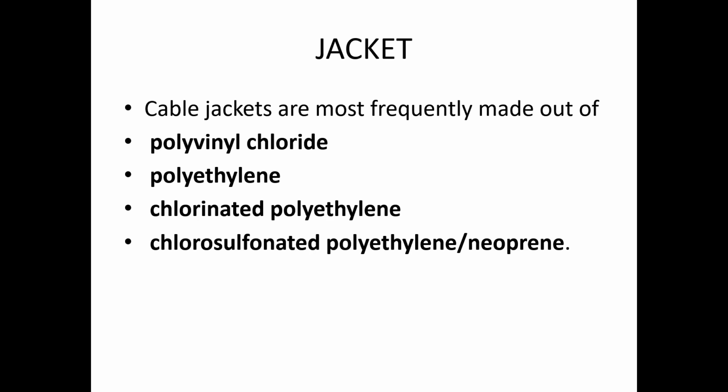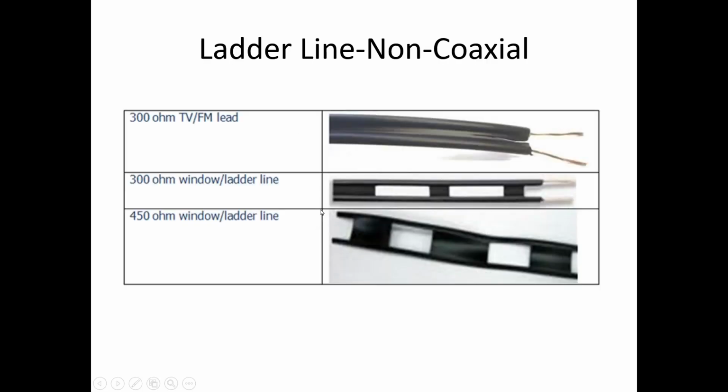If you're in a plenum area, a suspended ceiling in which air is being exchanged, you need to make sure there are no dangers from the cable, no gases coming out of it. Some of the materials are polyvinyl chloride, which you're familiar with, polyethylene, all of these materials. These are all the things that go into the making of the cable.